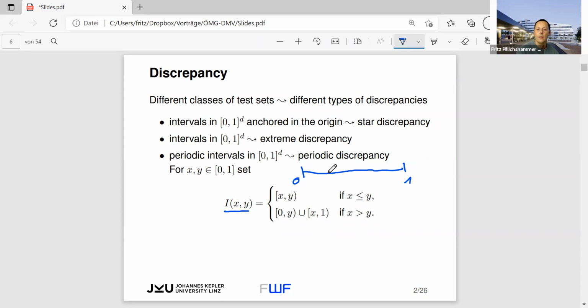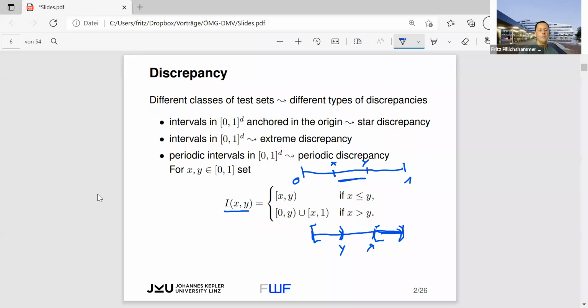So if x is less or equal to y, we just take the usual interval [x,y]. If, however, x is bigger than y, so if you have this situation here, then the periodic interval is just the union of two usual intervals, namely this part together with this part. Okay, so this is what we call a periodic interval in [0,1].